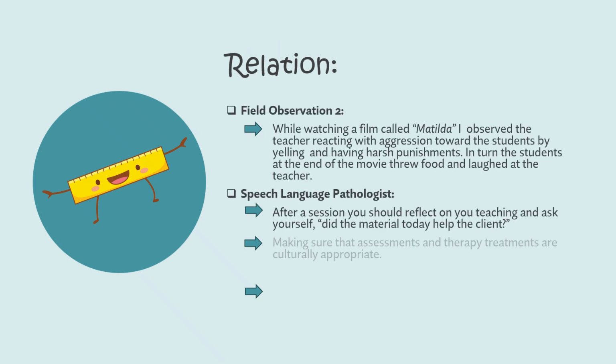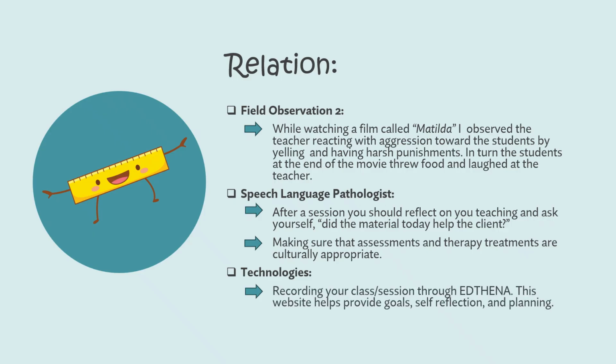The relation to my field observation with self-reflection would be for my second observation, I watched the film called Matilda. I observed the teachers reacting with aggression toward the students by yelling and having harsh punishments. In turn, the students at the end of the movie threw food and laughed at the teacher.